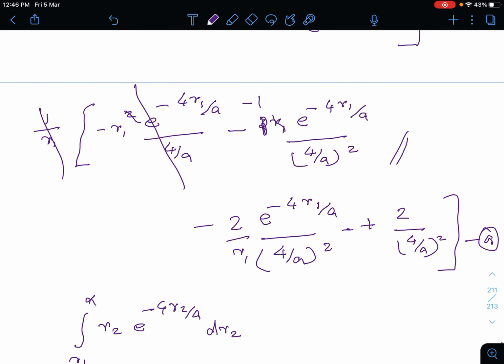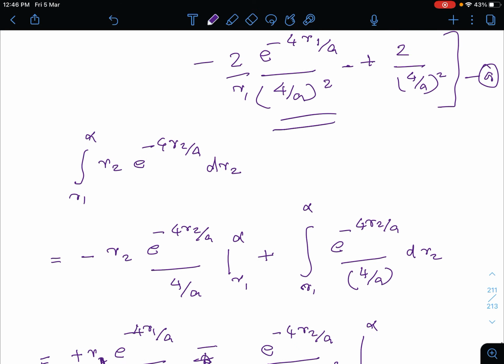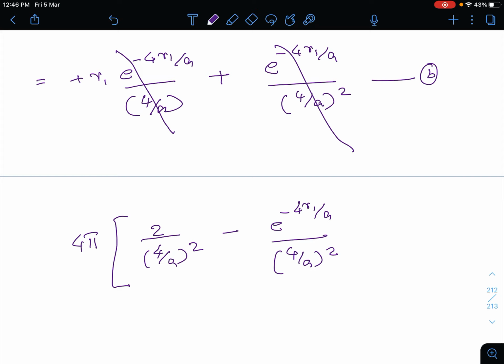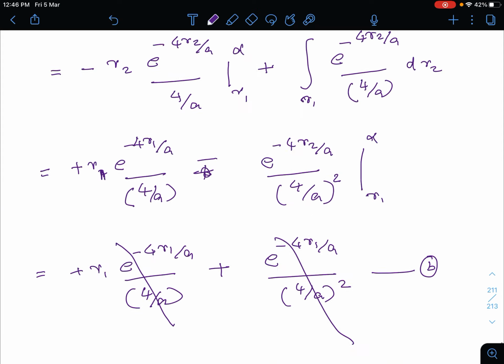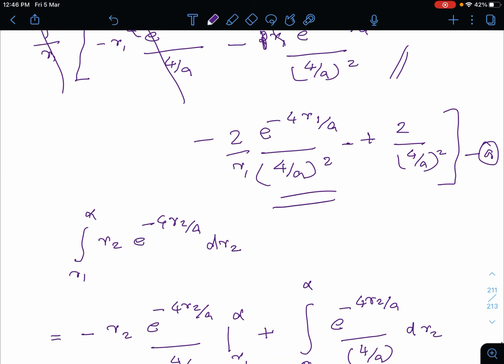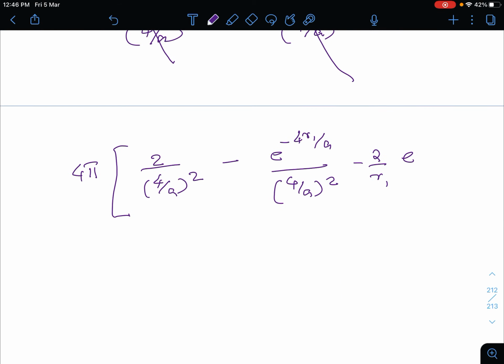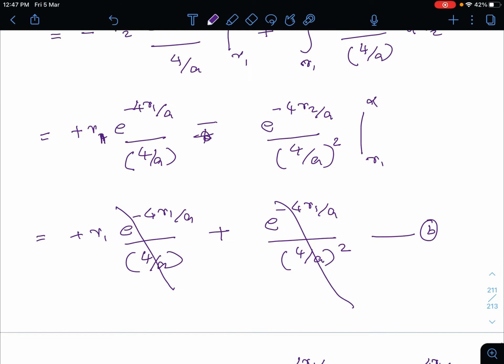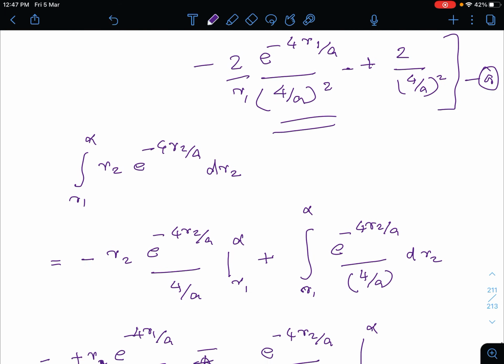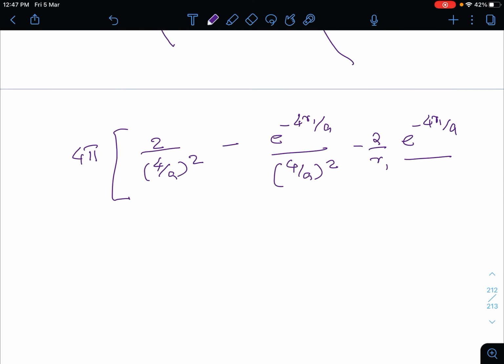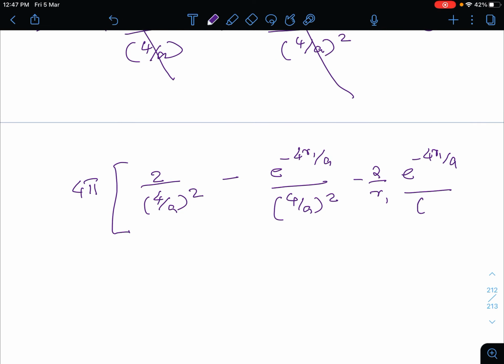Then this term, that is minus 2 by R1, minus 2 by R1 e raised to minus 4 R1 by A divided by 4 by A whole square.